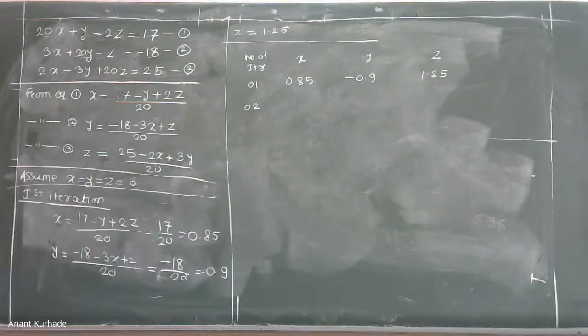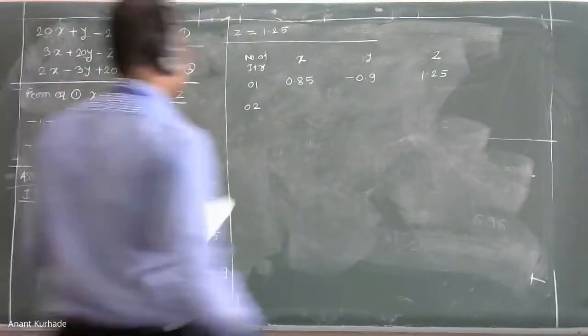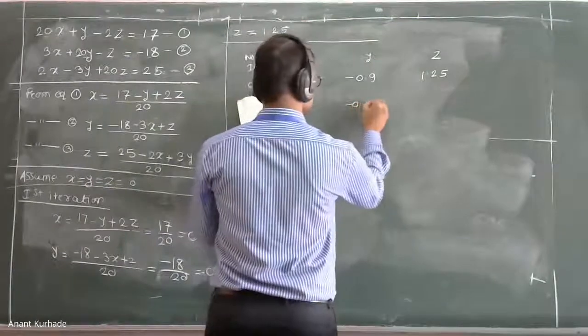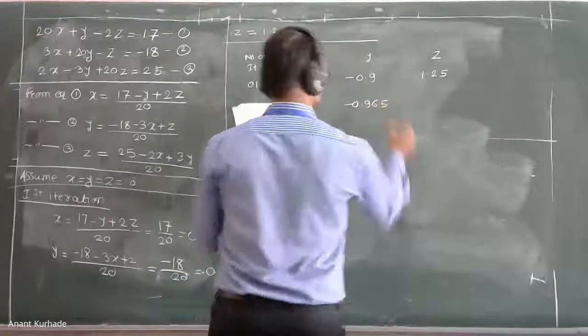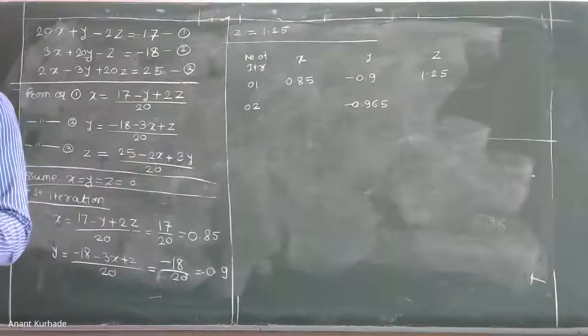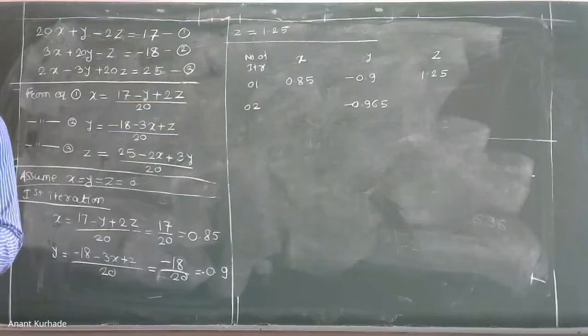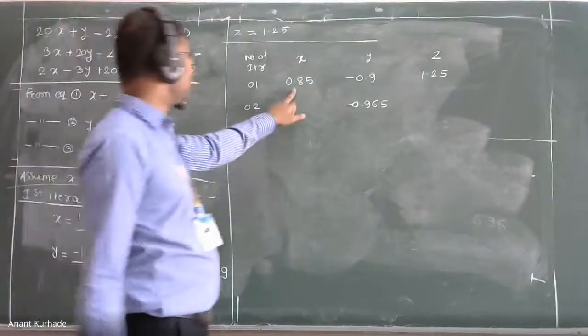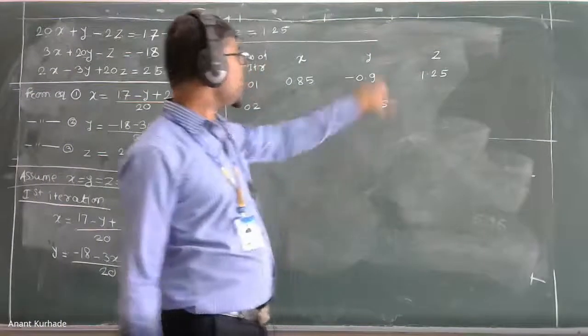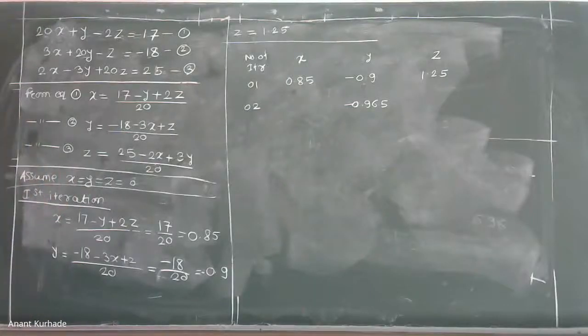And z? While calculating z, we have to use x as 0.85 and y as minus 0.9. Again cross check.